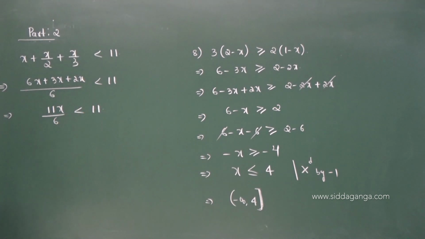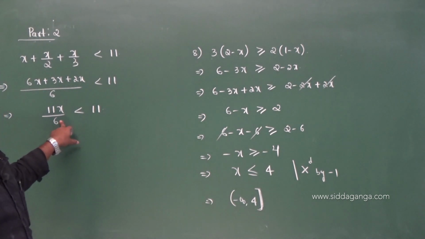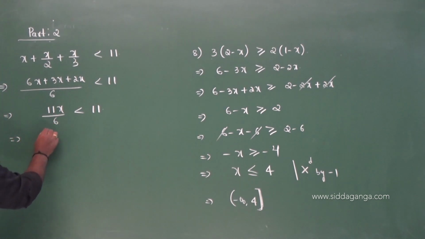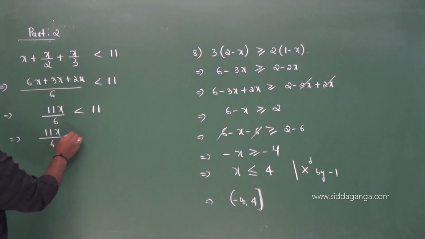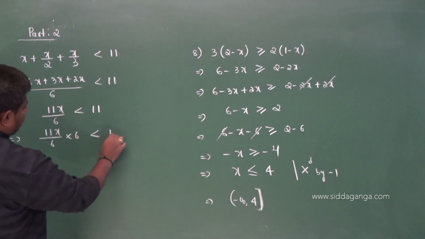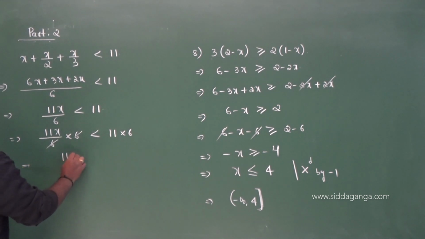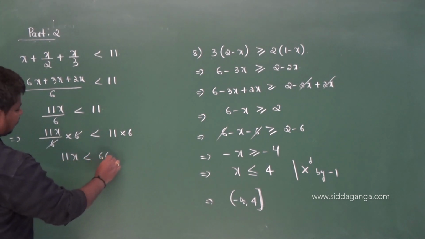Multiply by 6 to cancel the 6: 11x by 6 into 6 is less than 11 into 6, multiplying the same number on both sides. So 11x is less than 66.